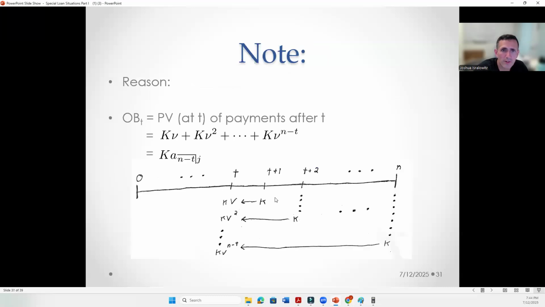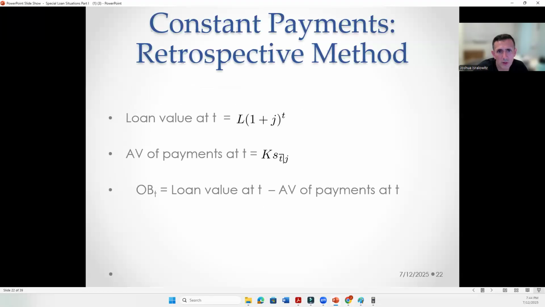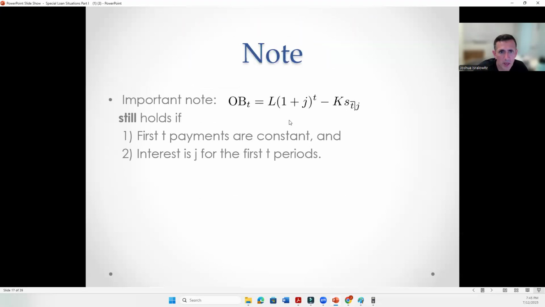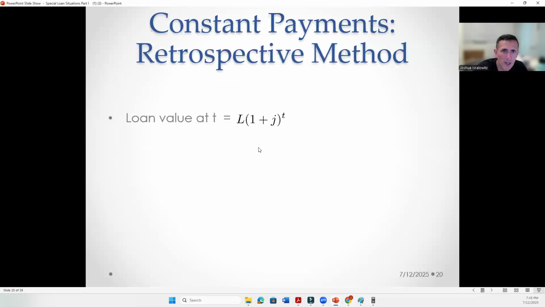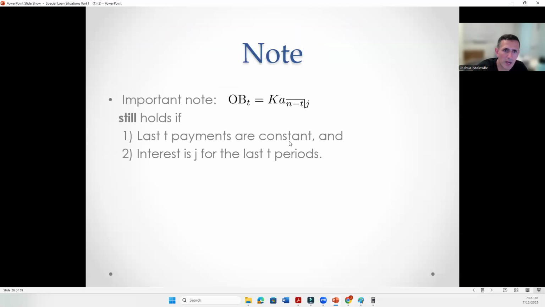So you have kind of not very strict conditions on these to be true, but you do need things to be true for us to use these things. I'll go through that again. What it is: the first T payments are constant and the interest is J for the first T periods for this one. And for this one you need the last T payments to be constant and interest to be J for the last T periods.